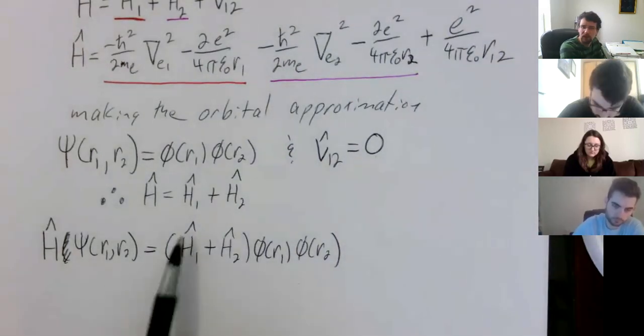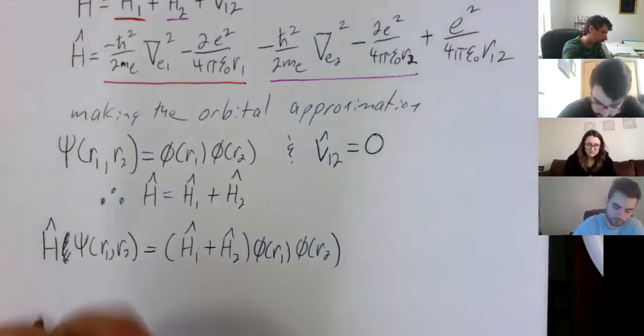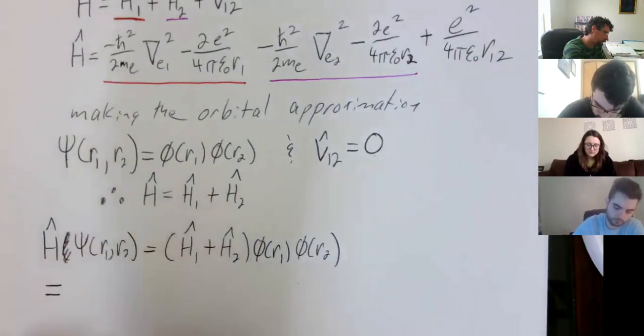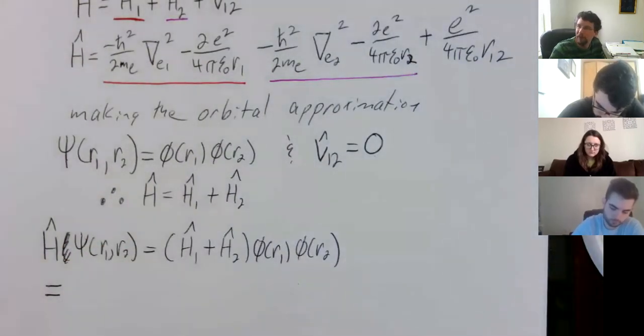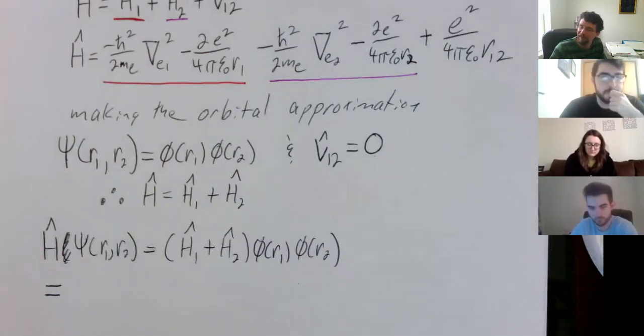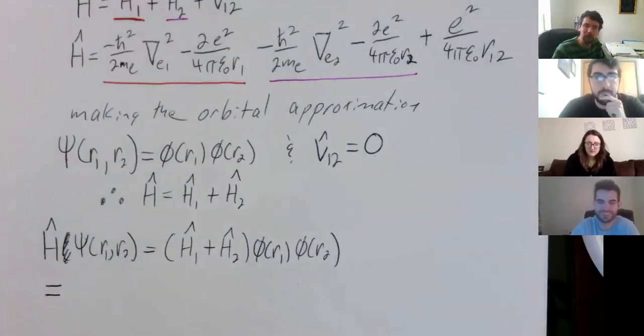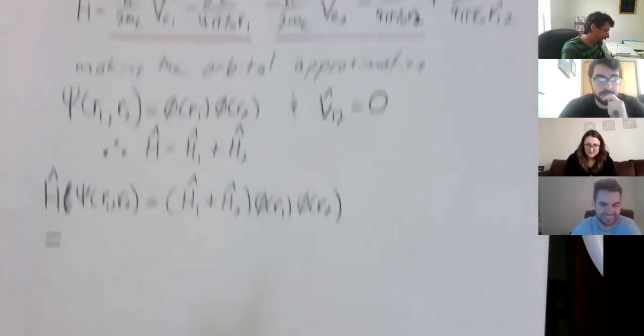Okay, we can distribute this because our Hamiltonian, what do you remember about our Hamiltonian? What type of operator is it? Starts with an H. Hermitian? Yep, it's a Hermitian operator. So we can wiggle that around.